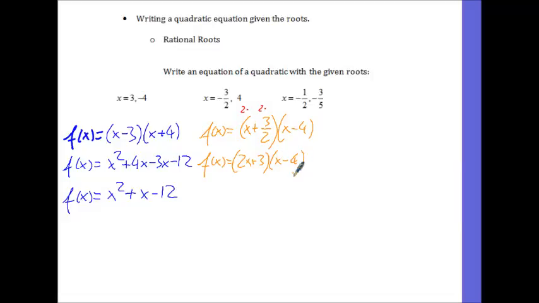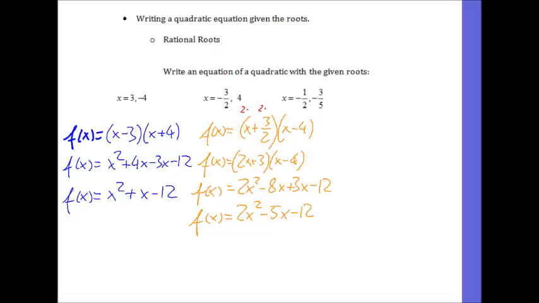And again, go ahead and multiply this out. Using our FOIL method, we get 2x squared minus 8x plus 3x minus 12. And f of x, after combining the middle terms, is 2x squared minus 5x minus 12.